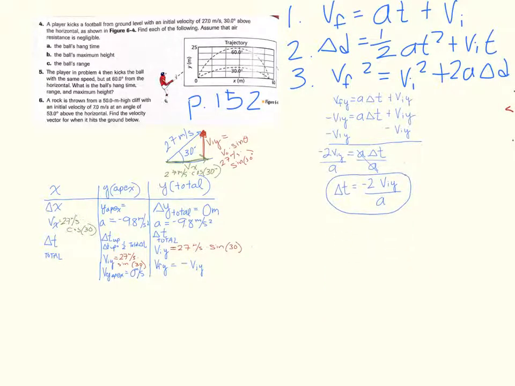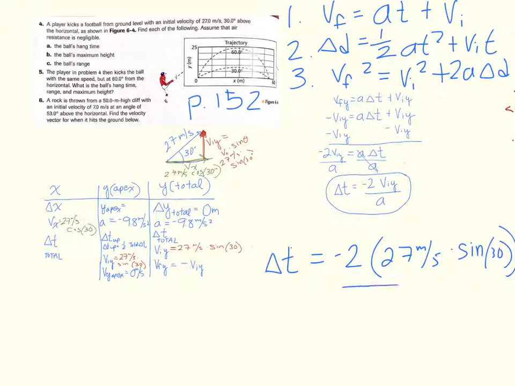So that means that change in time is equal to negative 2 times my initial velocity in the y direction, which is 27 meters per second, times sine of 30, divided by negative 9.8 meters per second squared.